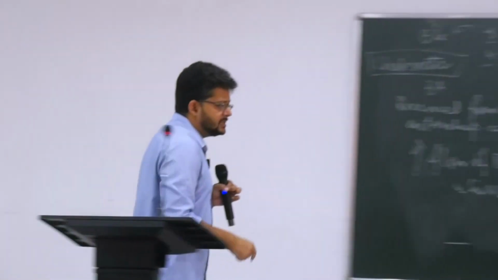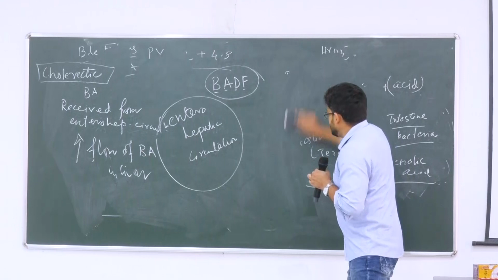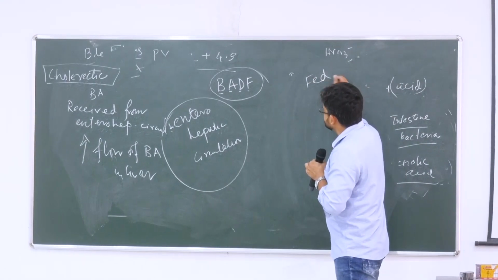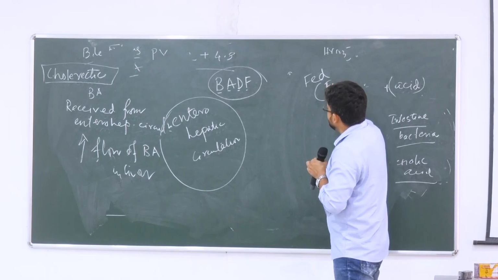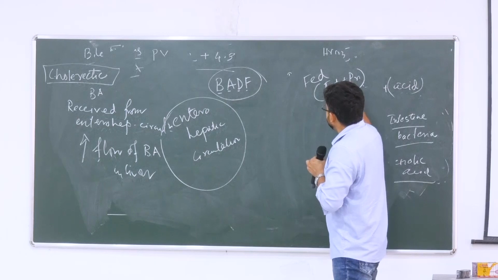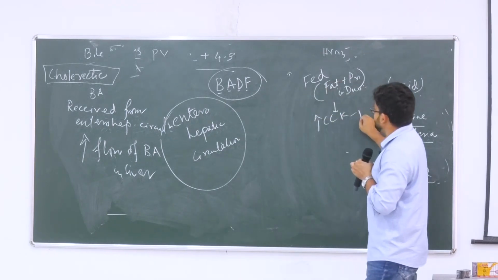So secondary thing that we need to remember here, that was choleretic, and this one is whenever you are taking some food, so fed state, usually feeding with fat plus protein, and they are present in duodenum, that will lead to increased secretion of CCK-PZ.